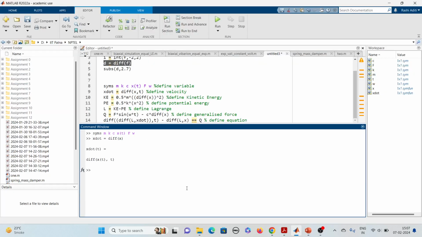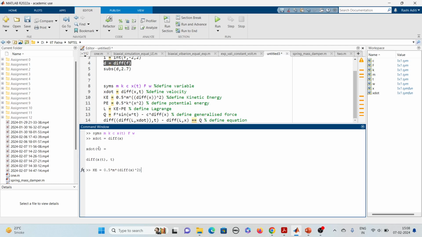Okay. So defining this in MATLAB, what am I going to do? KE is equal to half, 0.5, into, this asterisk I am using in order to define multiplication, multiplied by m, which I've already defined as a variable, into x dot square. So x dot I've already defined here. However, I can write it like this also, diff of x power 2.